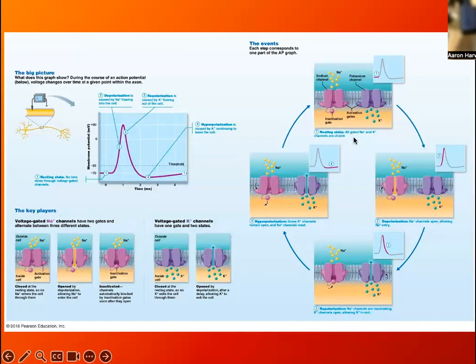So resting state, all gates are closed. Depolarization, sodium's rushing into the cell. Repolarization, potassium's rushing out of the cell. Hyperpolarization, you're still seeing excessive potassium rushing out of the cell. Eventually, you meet a balance to get back to resting state.